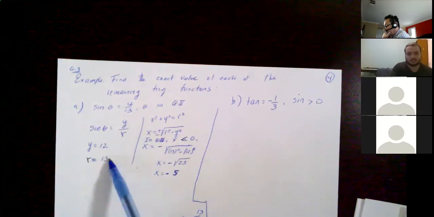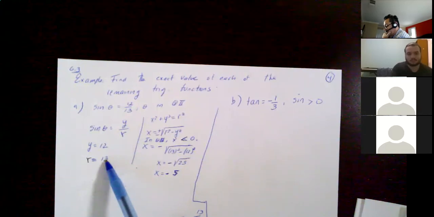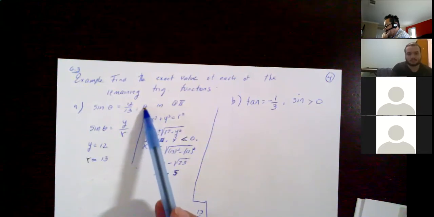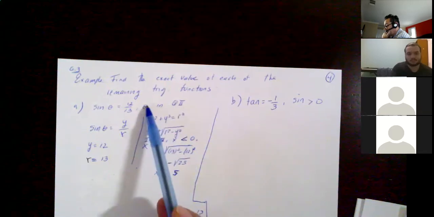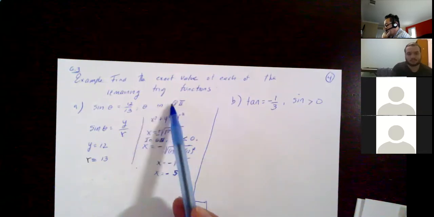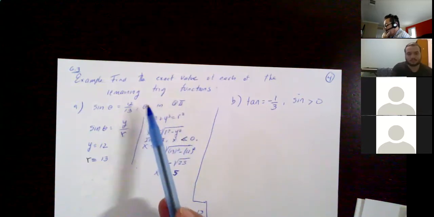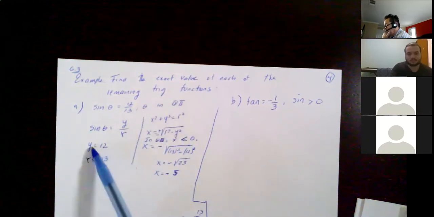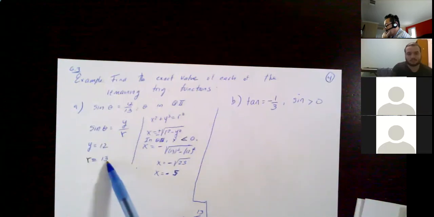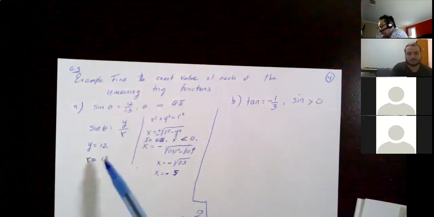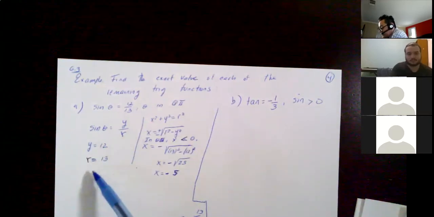And r is equal to 13. Why do I need to know in which quadrant theta is? Because if they give us the quadrant, I know the signs of the functions in that quadrant. So y is 12 and r is 13, but I need to find the value of x first in order to find the rest of the trig functions, right?